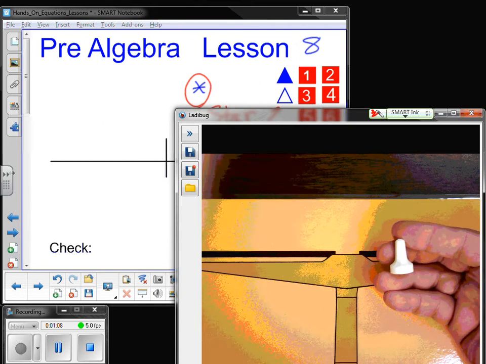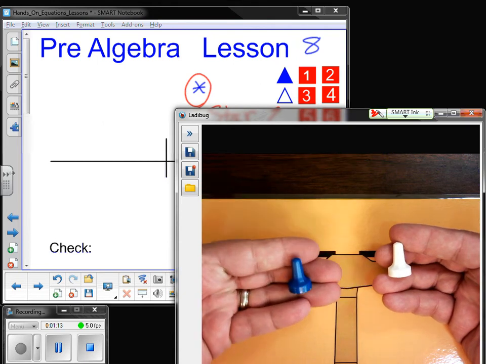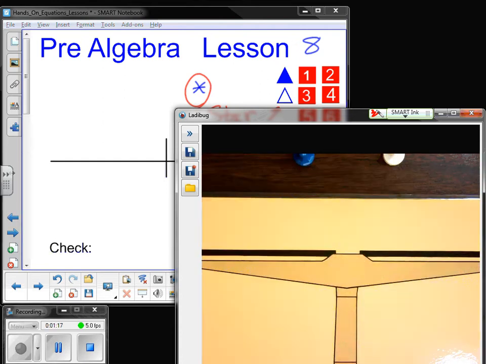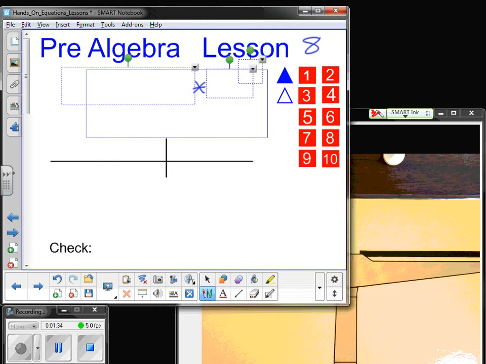The blue peg is X. So I got X and I got star. Or if I'm doing it on the board, I've got X is a blue triangle. I got star, the empty triangle. Okay, now that we got that figured out, let's see a problem.